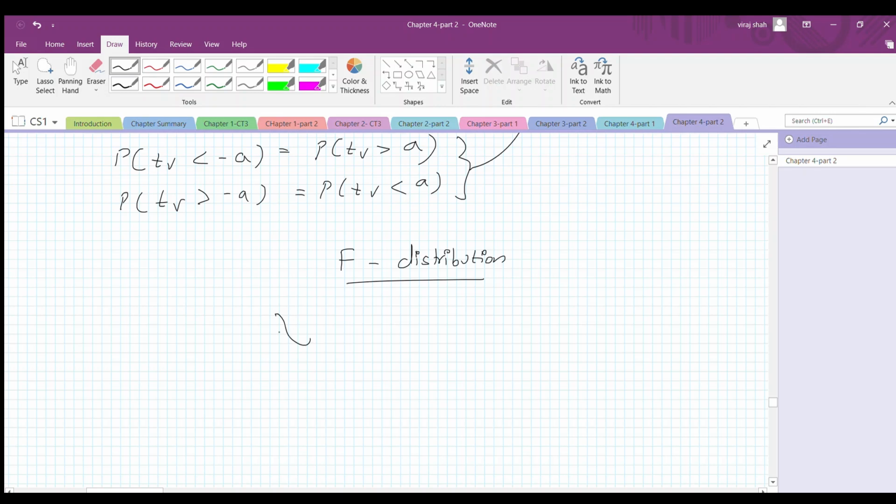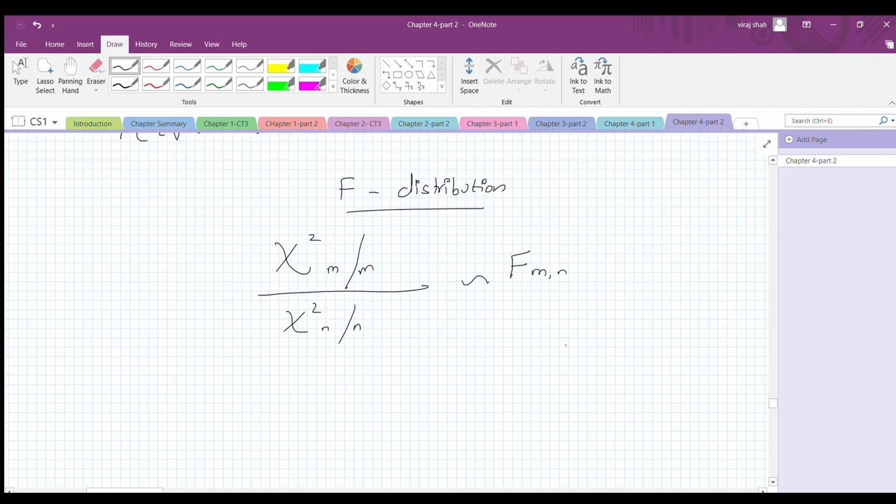Basically, chi square m divided by m, upon chi square n divided by n, follows F(m, n). This is what it denotes. So F(m, n) is not equal to F(n, m). Basically you cannot interchange n and m. Take care.